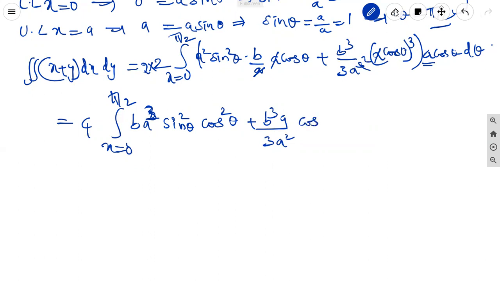Sorry, here simplification, one minute. We cannot take like that. Why? Because here a cos theta whole cube, here 3a cube, so a cube cos power 3 theta, into whole d theta.